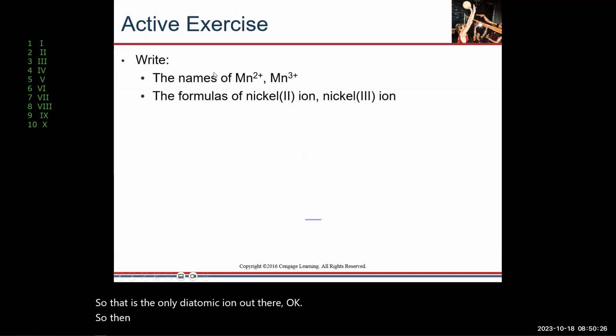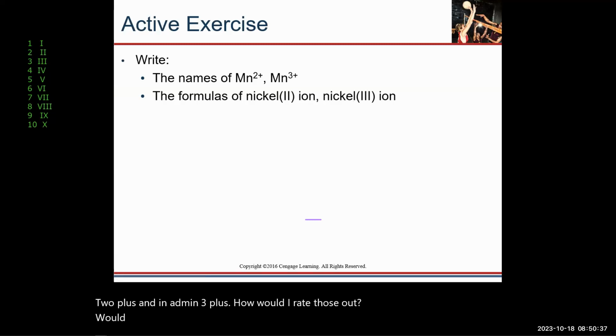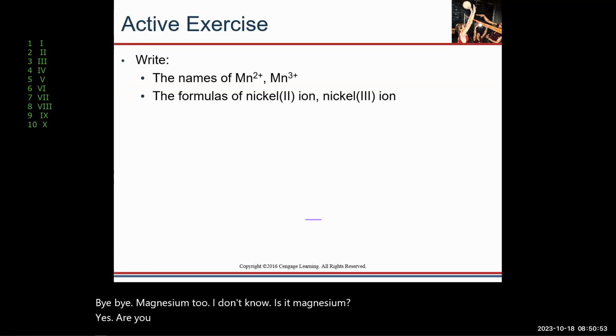So then name these ions: Mn 2 plus and Mn 3 plus. How would I write those out? Would it be nickel 2 ion? Mn? Mn is nickel? My bad. Magnesium 2 ion. Is it magnesium? Yes. Are you sure? Don't put money on it. Yes. Manganese, my bad.